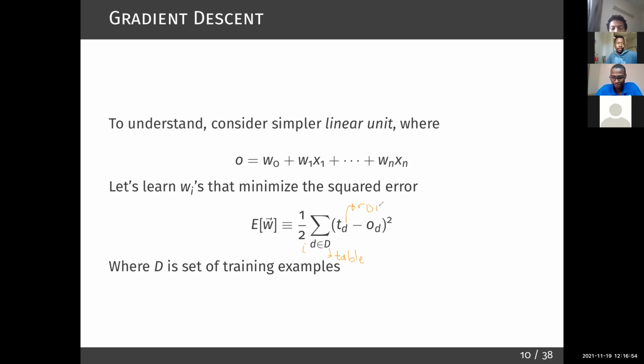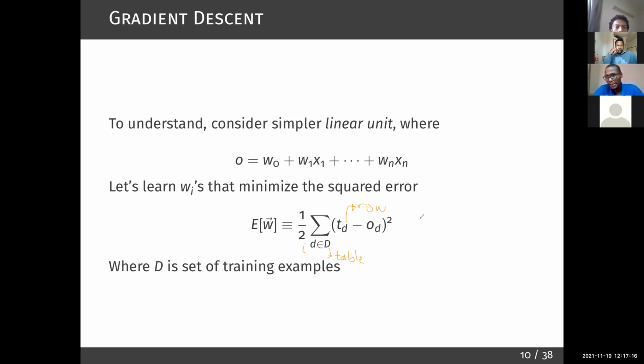Now again, we take the square of the error. There's a reason for the 1/2 here, so that when you take the derivative, it will go away.